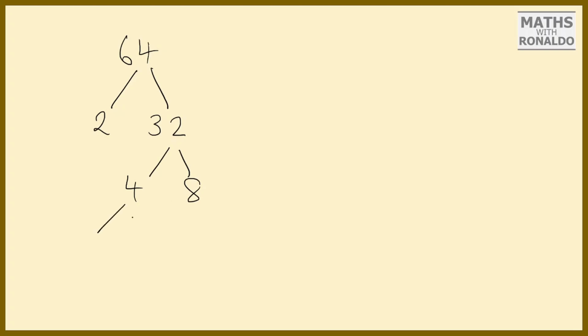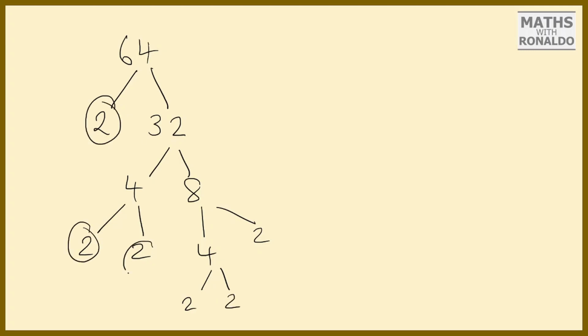If we have the number, say, 64, well, 64 is the same as 2 times 32. 32 is the same as 4 times 8. 4 is the same as 2 times 2. 8 is the same as 4 times 2, which is 2, 2. And we can circle the prime factors of this number.